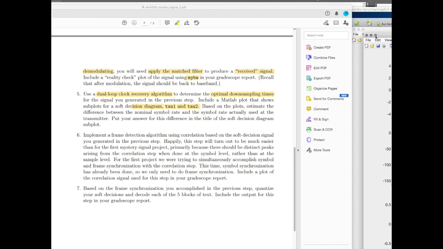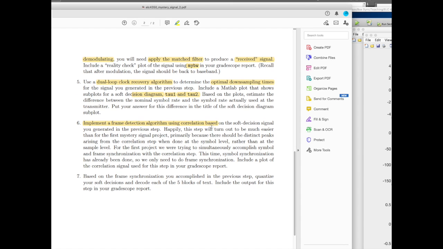Okay, so next, I want you to implement this frame detection algorithm based on correlation. It turns out, I thought you'd like the word happily. Maybe there's nothing happy about this, but happily, I think this is a much easier step than what we did on Mystery Signal 1.